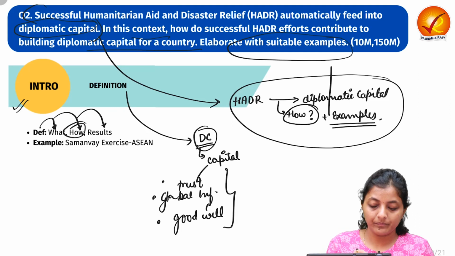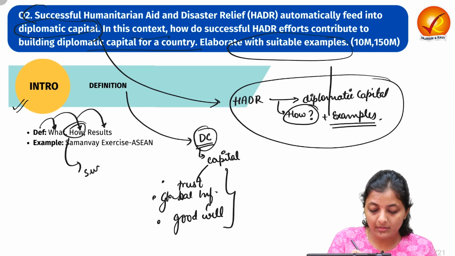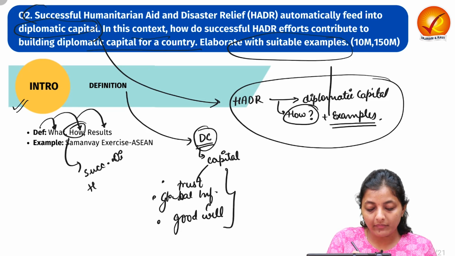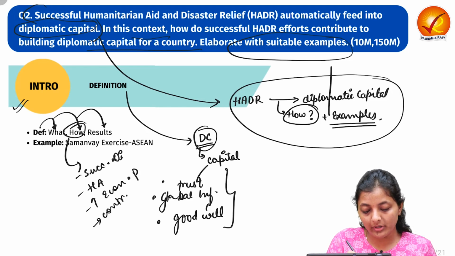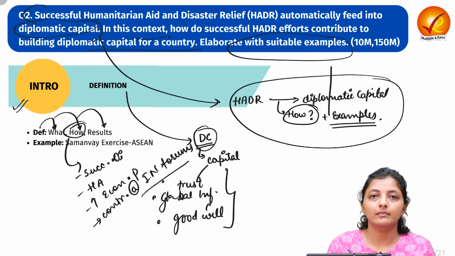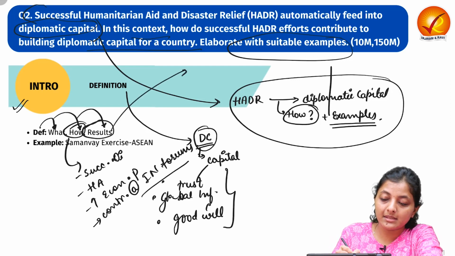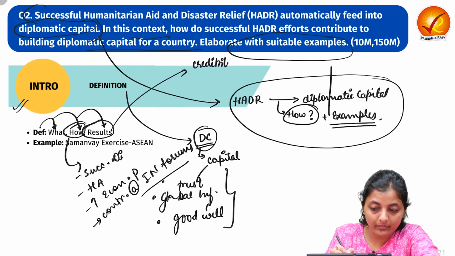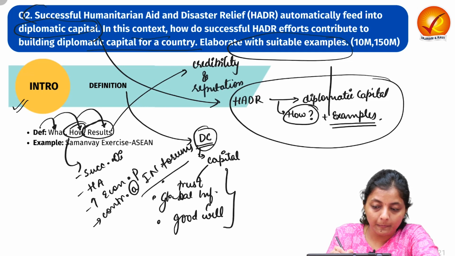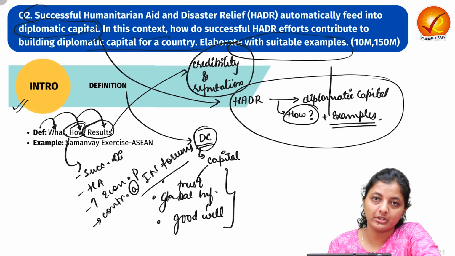How can this be built? Via successful diplomacy, via humanitarian aid, via enhanced or deepened economic partnerships, or via making some contributions at international forums. Now what does this result in? This is the representation of how that country's credibility and reputation is in the eyes of the global community or the international community.